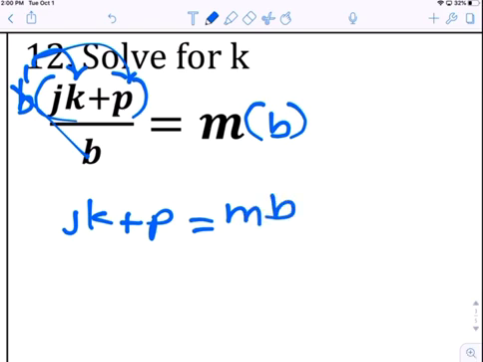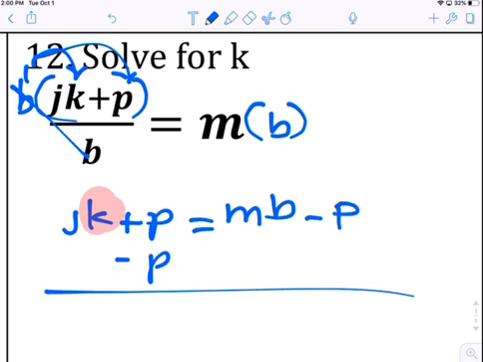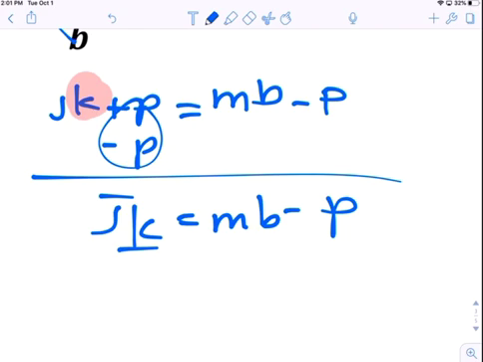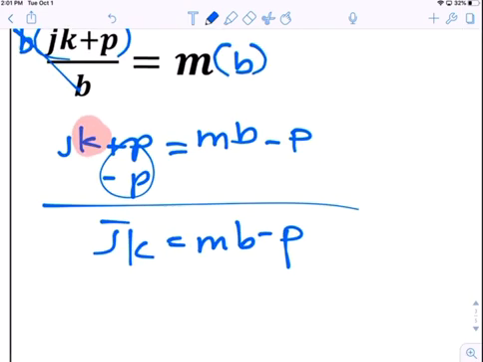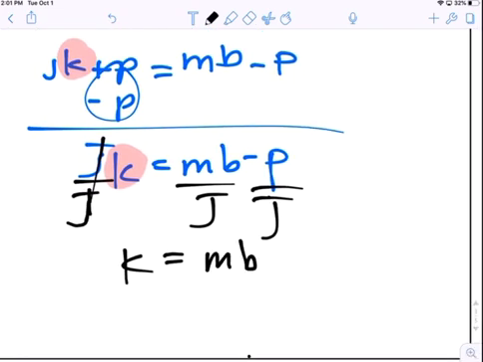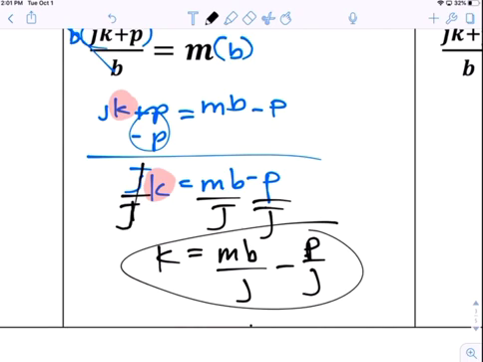So MB, solve for K: subtract P. You want K, so you need to get rid of the J. Divide by J. K equals MB over J minus P over J. Okay.